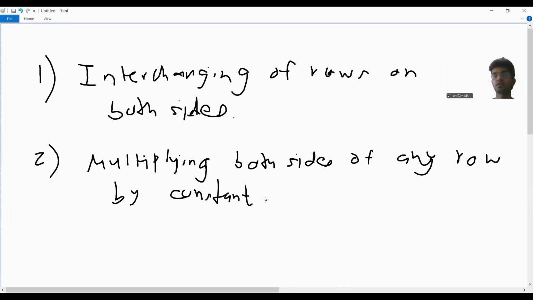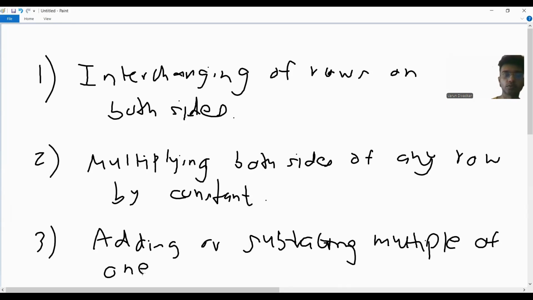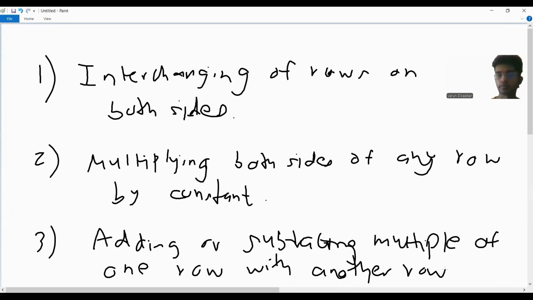This also keeps the equation unhindered. And the third one is adding or subtracting a multiple of one row with another row. These are the three kinds of elementary transformations.